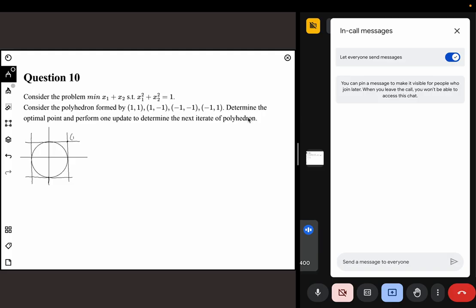So these points are, say, 1, 1, 1, minus 1. This is my minus 1, minus 1. And this is my minus 1, comma 1. These are my 4 points.